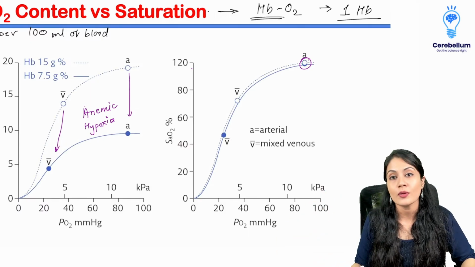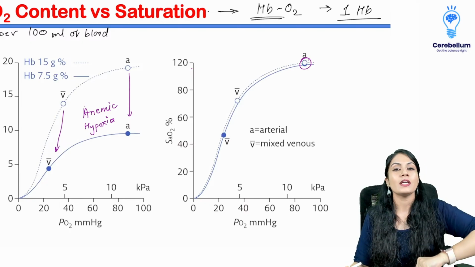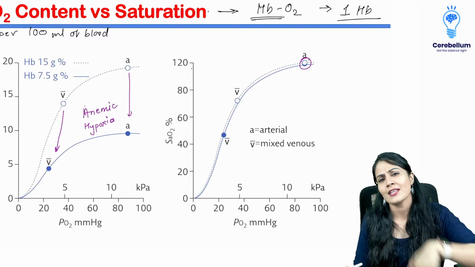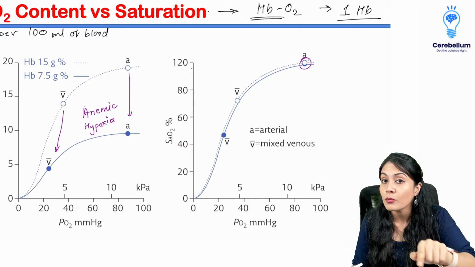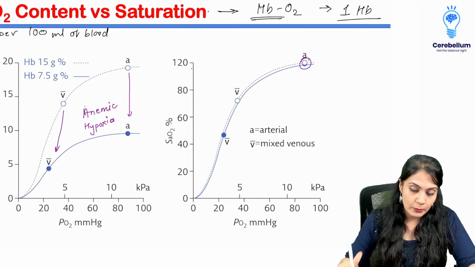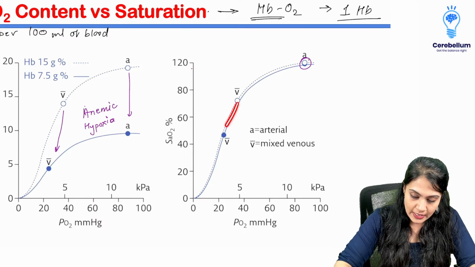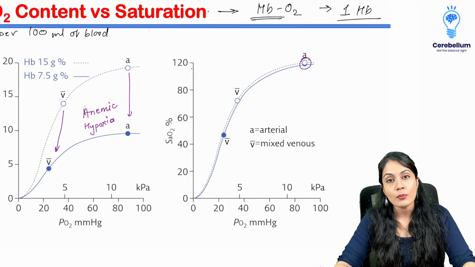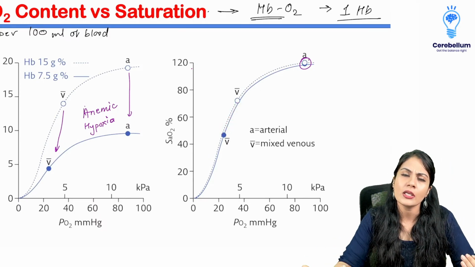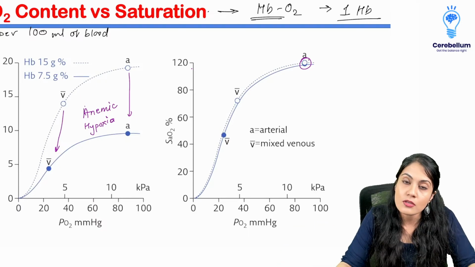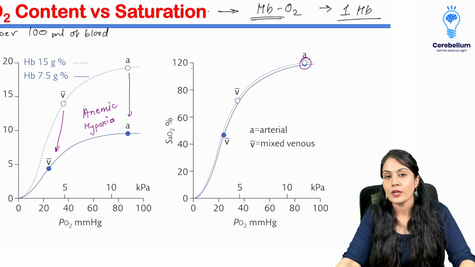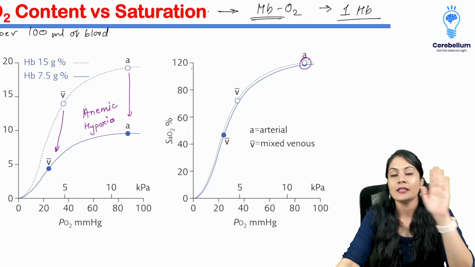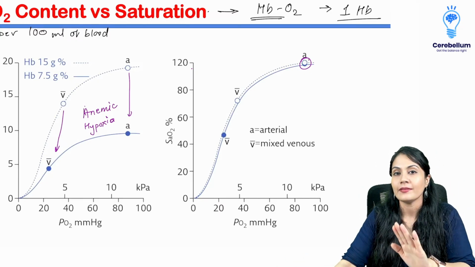So the tissue is going to extract 3 molecules from each of the hemoglobin, or say 4 molecules. What will happen to the venous saturation of hemoglobin or oxygenated hemoglobin? It is going to decrease, right? Because the tissue is extracting more oxygen from whatever hemoglobin is available. So this is also the graph of anemic hypoxia. The only change over here is we are looking at either content or we are looking at the saturation.